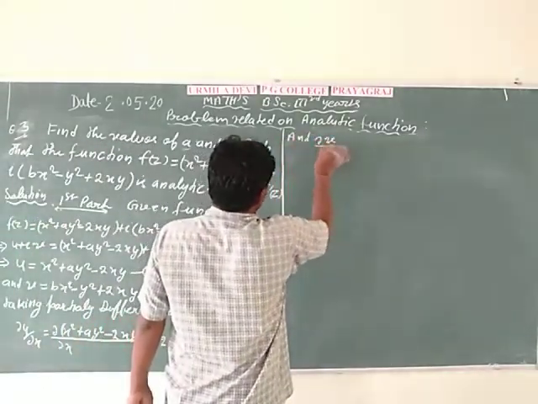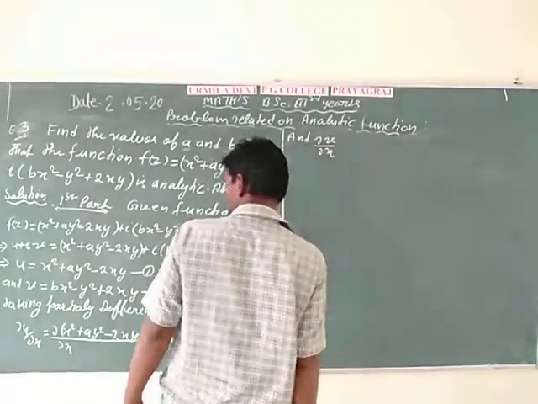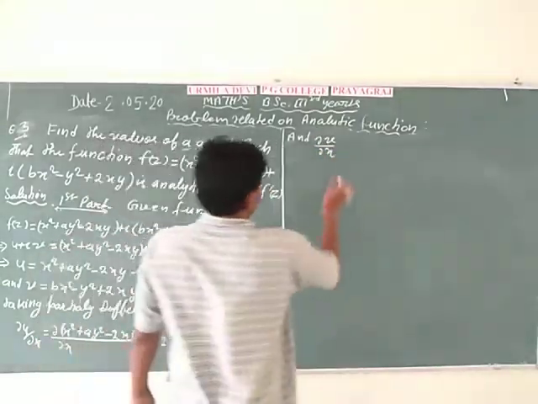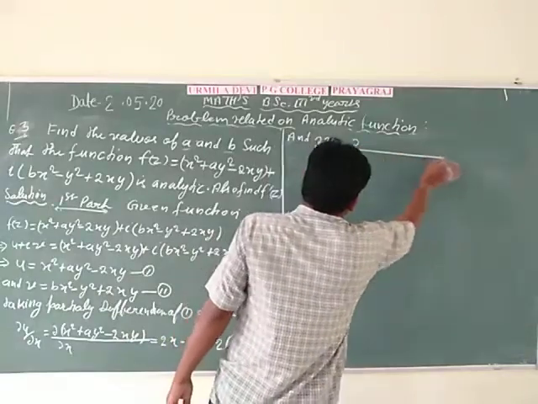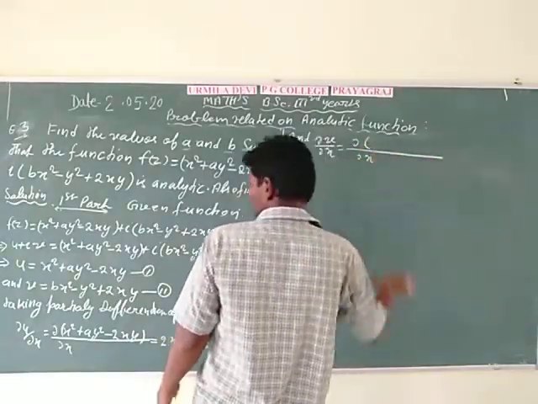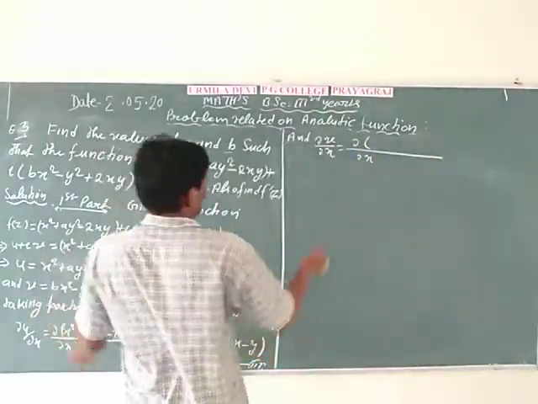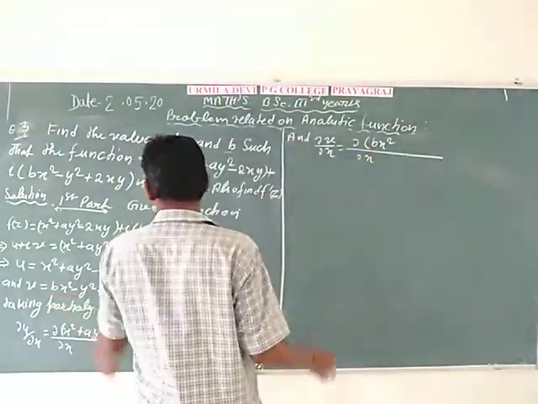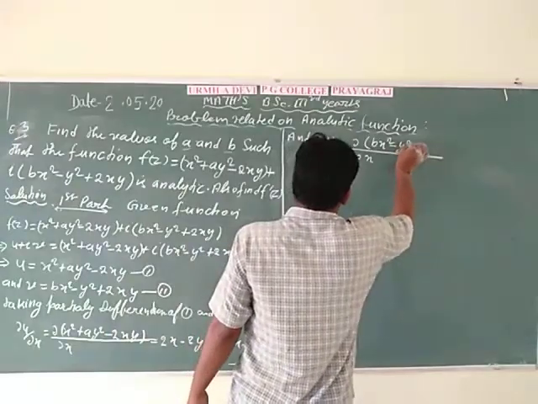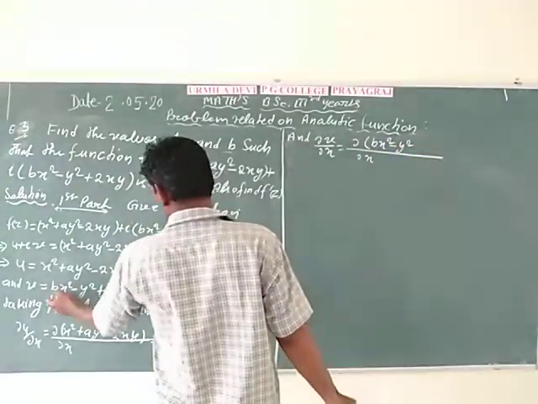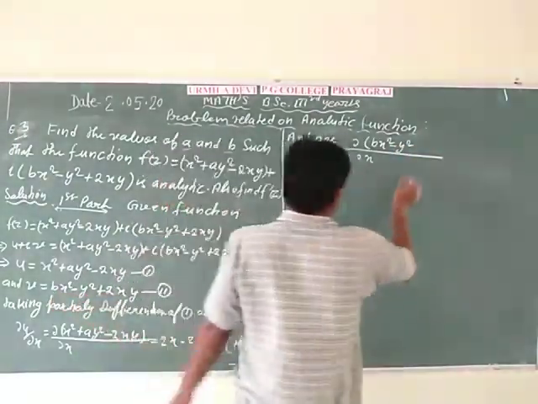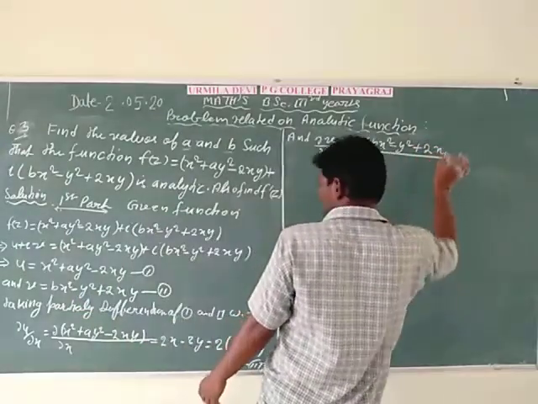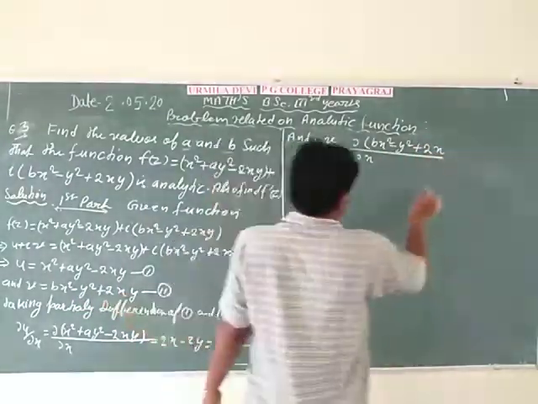And ∂v/∂x, putting the value of v from the second equation, is ∂/∂x of (b x² − y² + 2xy).